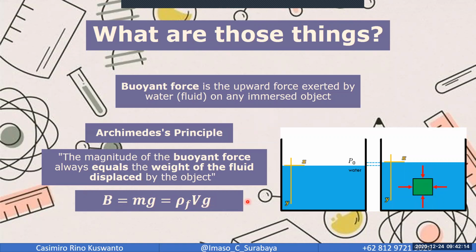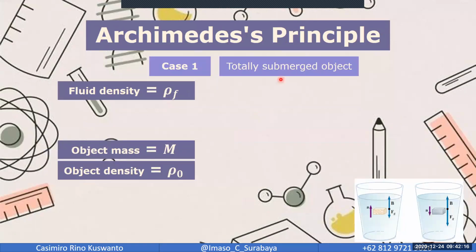The first case is when the object is totally submerged. Again, we will review the dynamics of the object using Newton's law. These are some constants that will be used: the fluid density, rho f, the object mass, capital M, and the object density as rho 0.